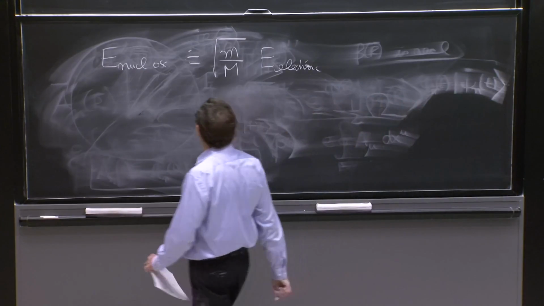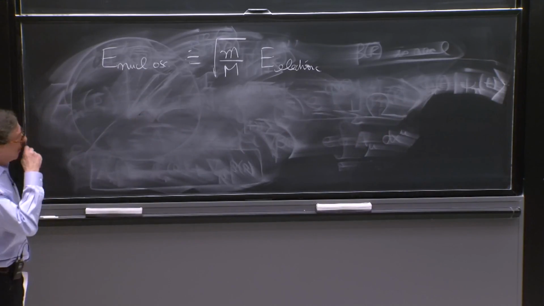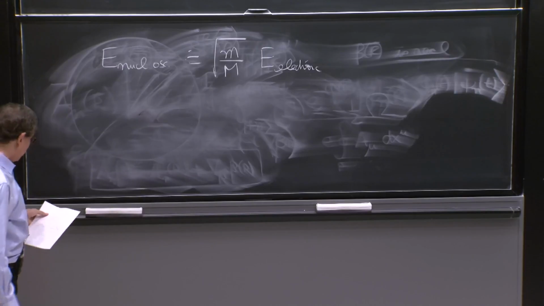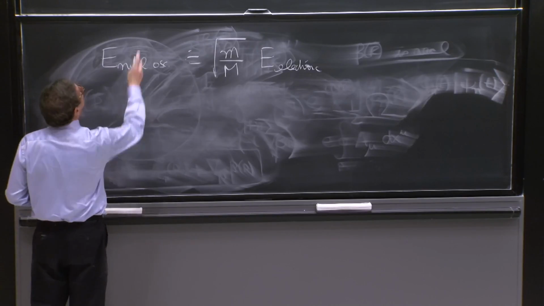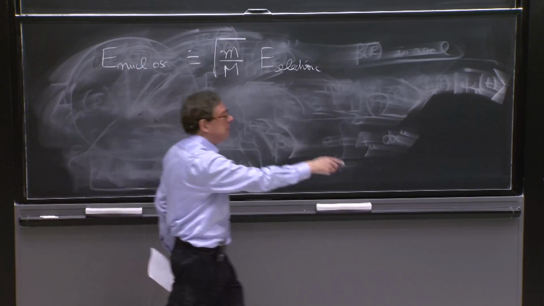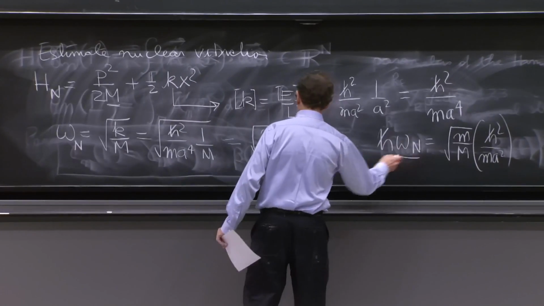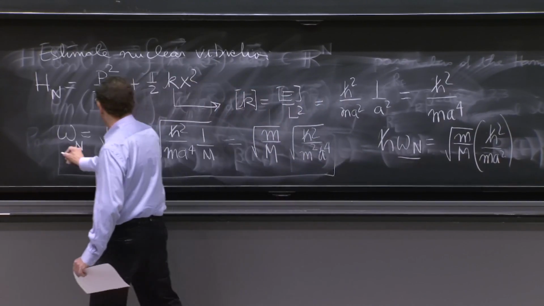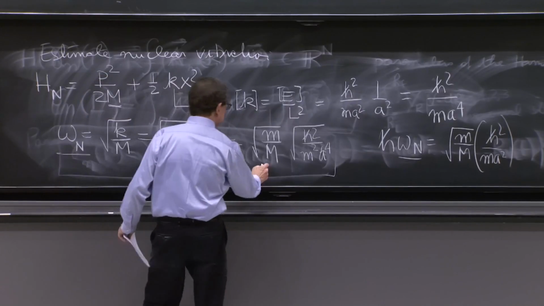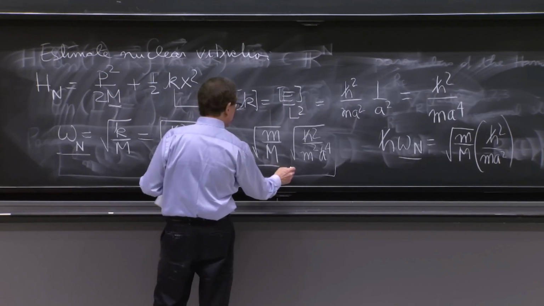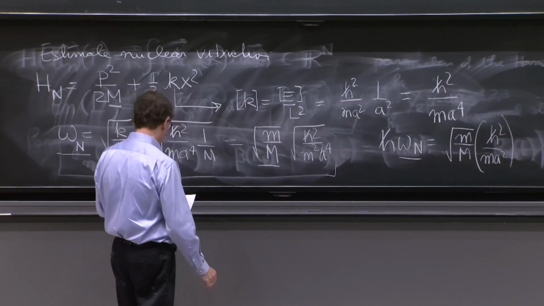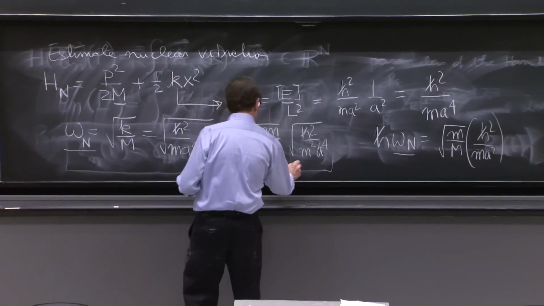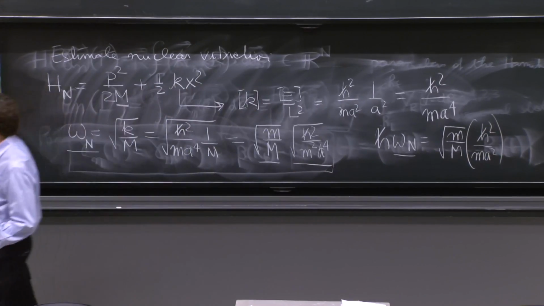I want to make another observation here. On time scales, so omega n, we have it here. Omega n is equal to this times this quantity. So let me say it this way.